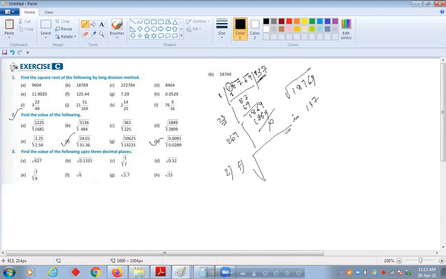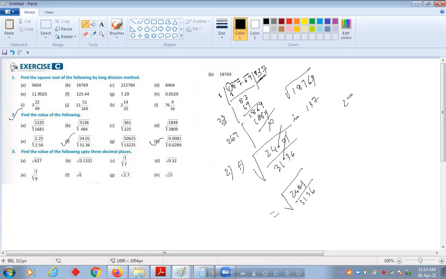You need to find the square root of 24.01 by 31.36. The point is after how many digits? 2 digits. So remove the point; here also 2 digits. Now the point is removed, and the numbers remaining are 2401 by 3136.